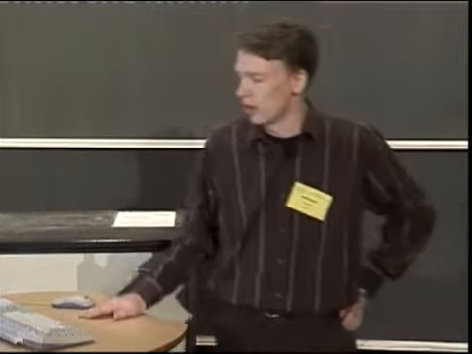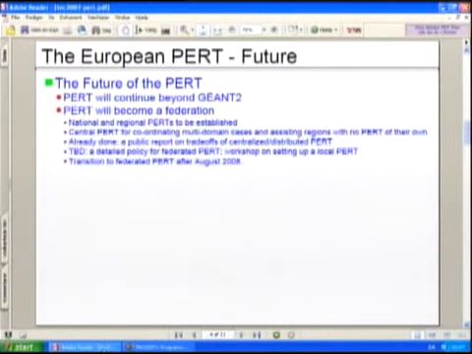Okay, the future here is that the PERT process will continue beyond the GEANT 2 project, and there's this move to change the model slightly so that it becomes a federation of PERTs, so that national research organizations that already have PERTs or want to create these kind of national or local functions get better synchronized and work better together.